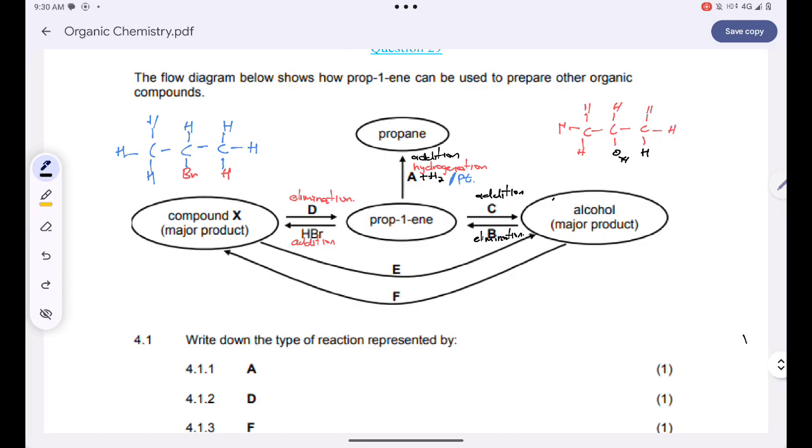If I want to move from compound X to the alcohol, this type of reaction is called hydrolysis. It should be in the presence of concentrated sodium hydroxide, as well as mild heat.